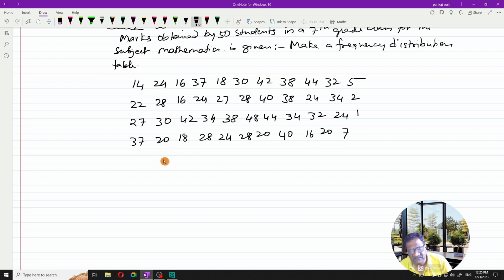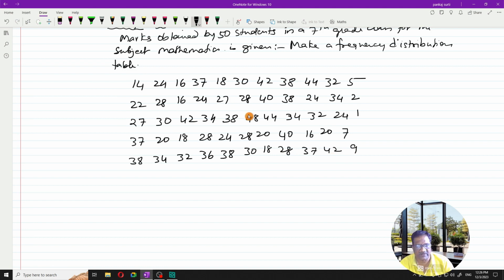Then for the last 10 students I want to enter the marks as 38, 34, then 32, and 36, then 38, and then 30, then 18, and 28, then 37, 42, and 9. So you can see these are the marks of the 50 students that I have collected as information.